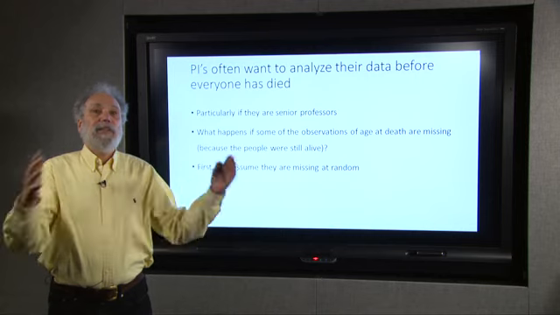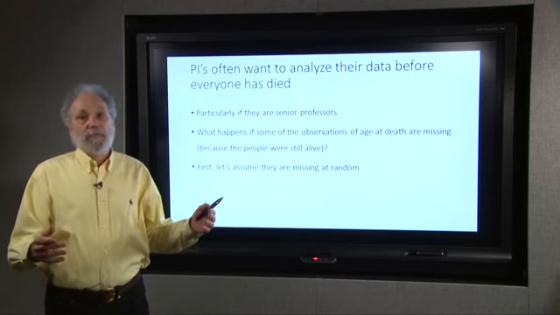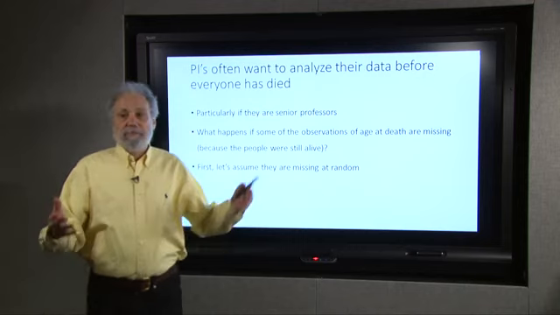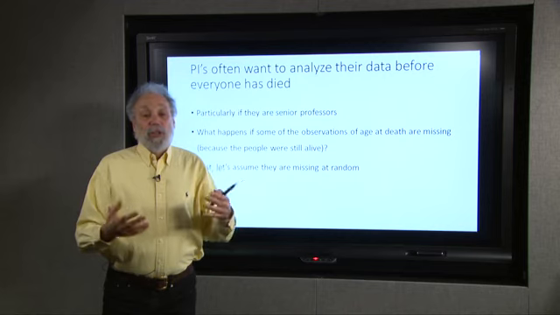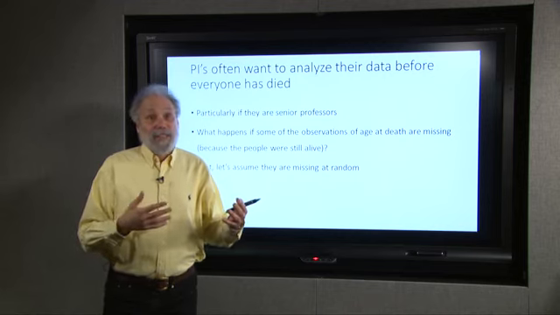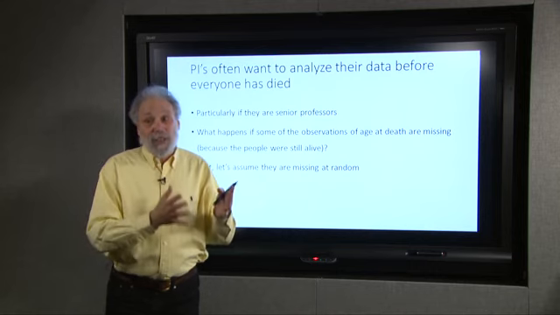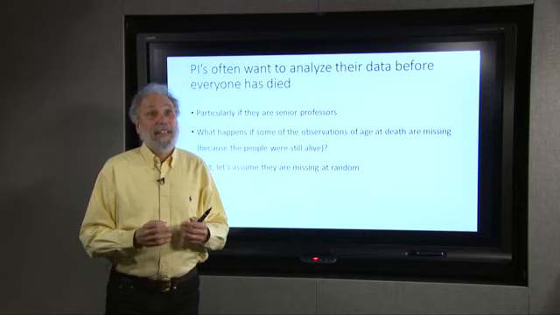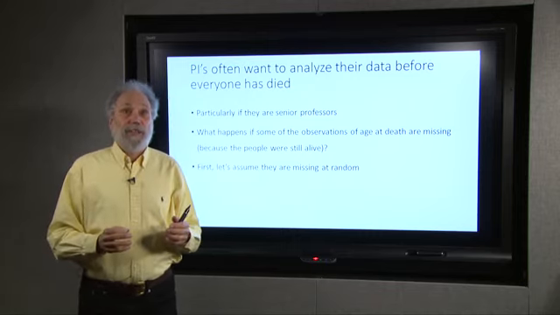Everybody's died. We've observed the follow-up time. We've done this analysis. But after all, many people don't want to wait till everybody in their cohort has died because they might die first. And so we often analyze cohort data when some of the failure times are not observed.